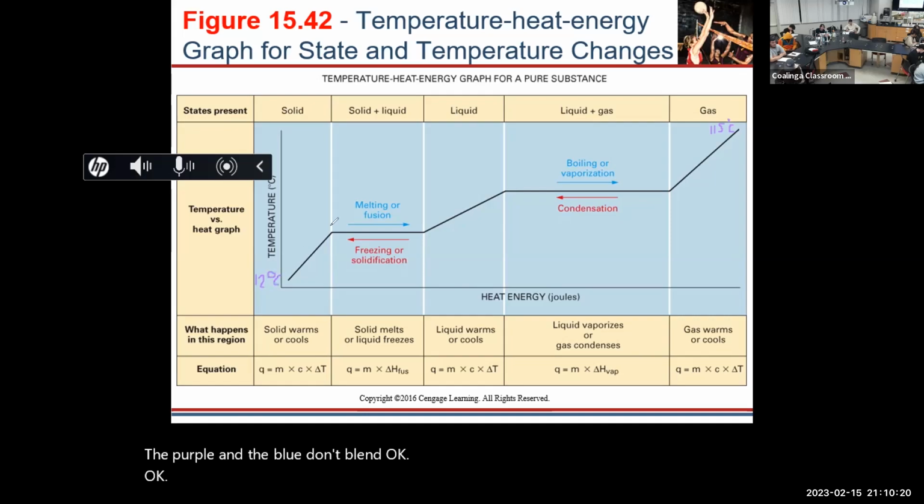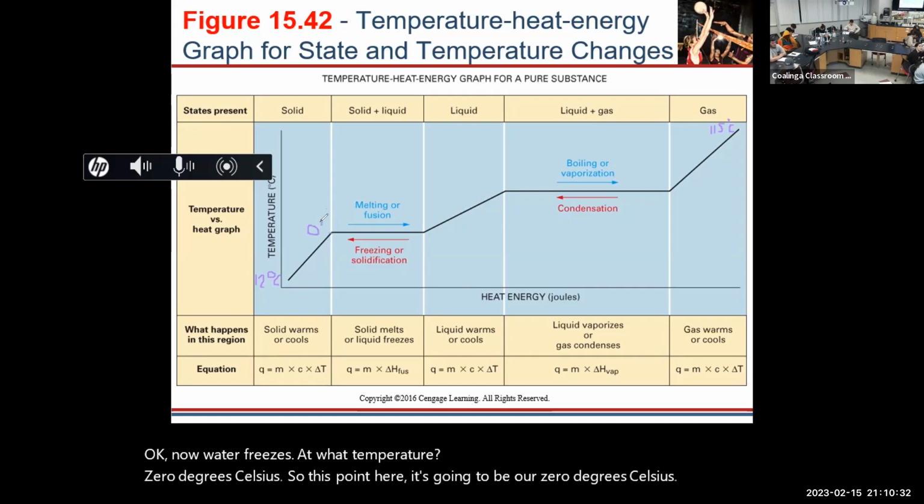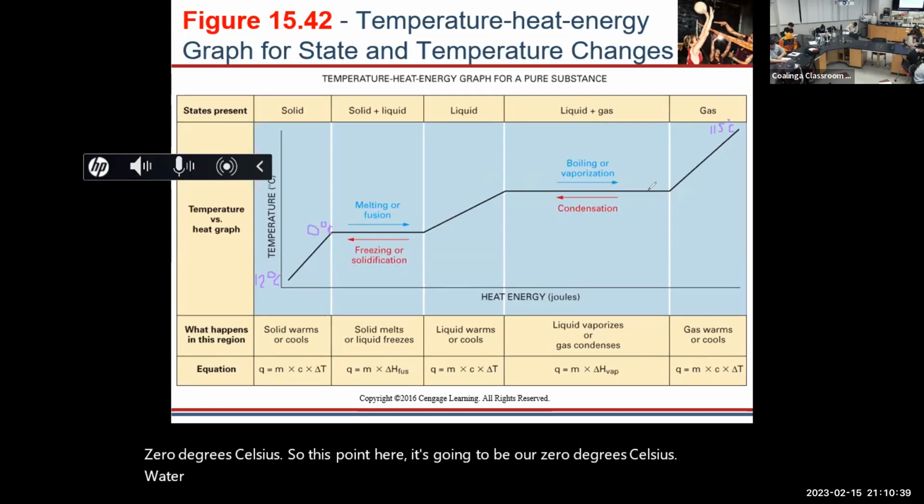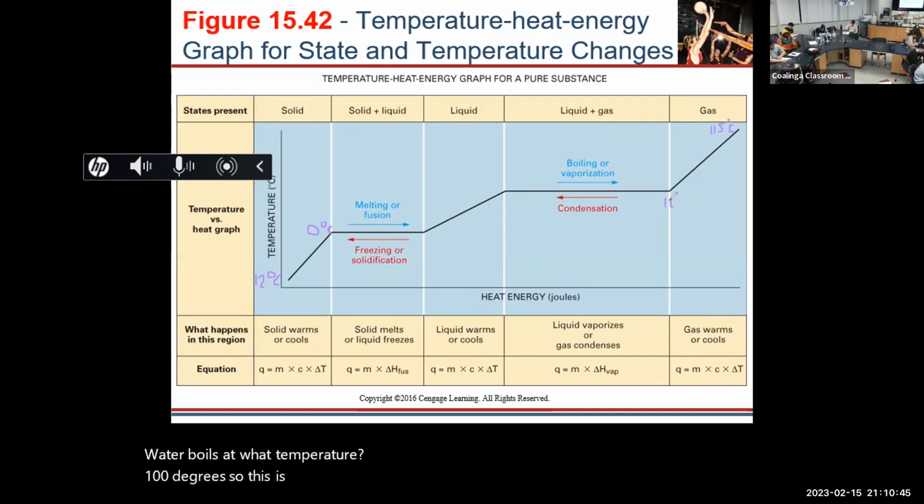Now, water freezes at what temperature? 0 degrees Celsius. So this point here is going to be our 0 degrees Celsius. Water boils at what temperature? 100 degrees. This is going to be 100 degrees.